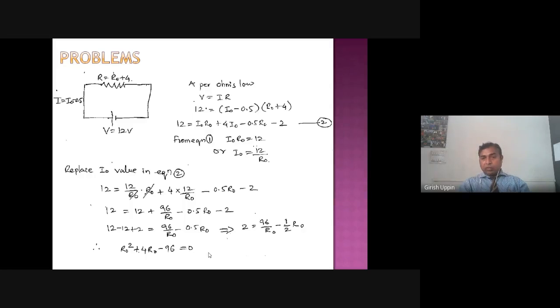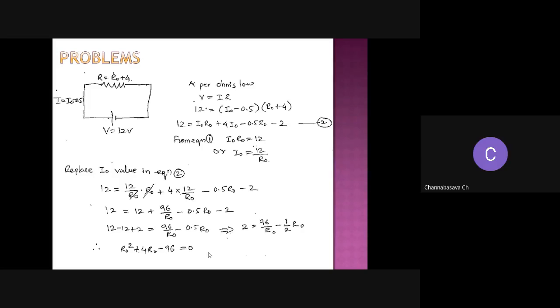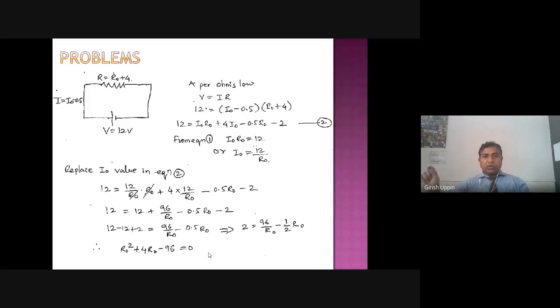What is the root of a quadratic equation? What is the formula? If the quadratic equation is of the form ax square plus bx plus c is equal to 0, then what would be the roots?